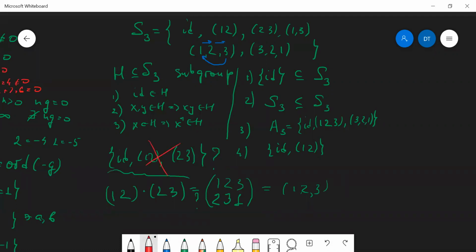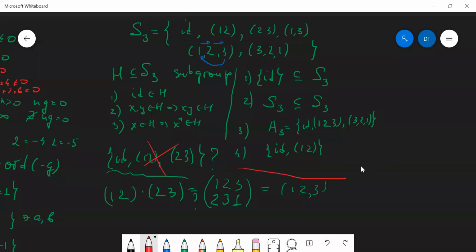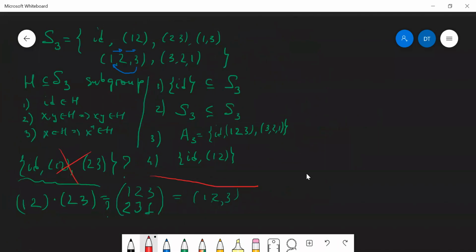So right now we have these 4 examples. Are there any other examples of subgroups? Could you name any other subgroup? For example, 5 and 6.